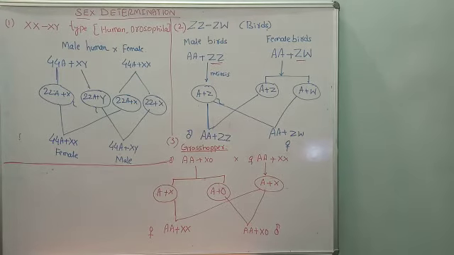During gametogenesis in the female, only one kind of gamete is formed, carrying only the X chromosome. The male produces X and Y type of gametes, but here the gametes carry only one type of chromosome.